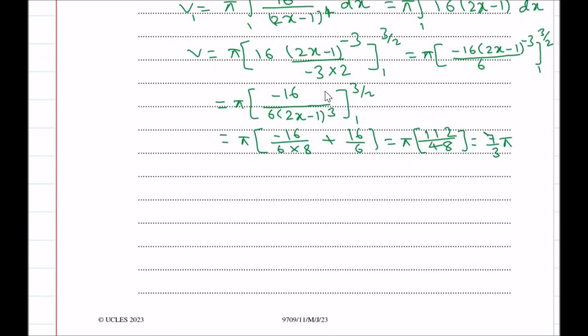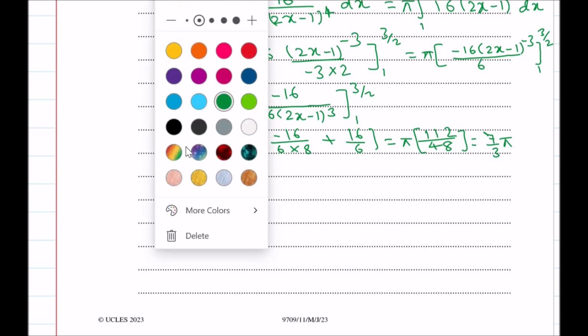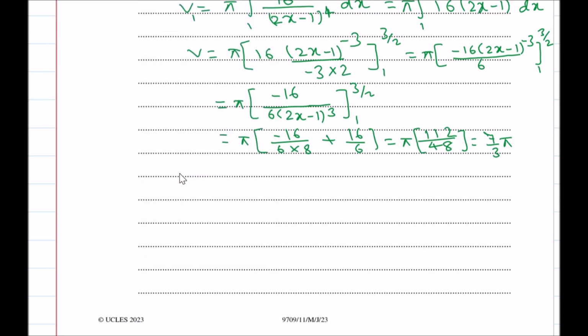So now we need to find the volume of the cylinder, that is V2. We know it is pi r square h. So pi as it is, what is r?